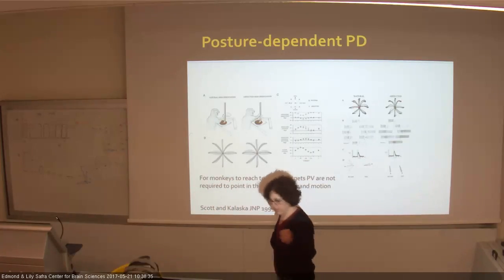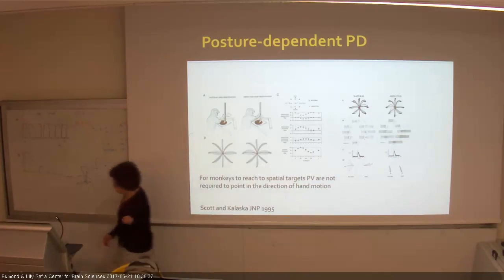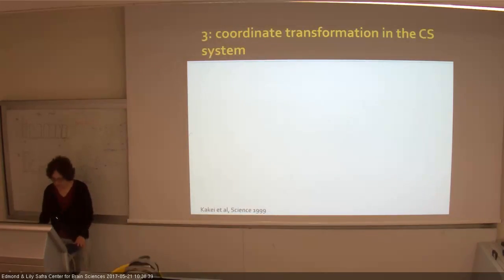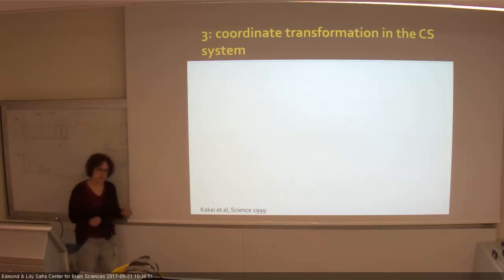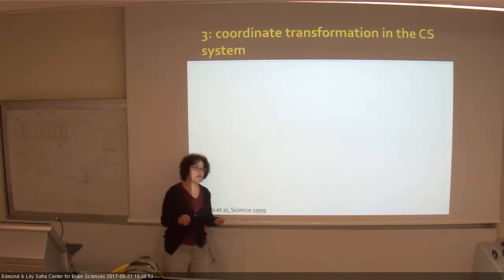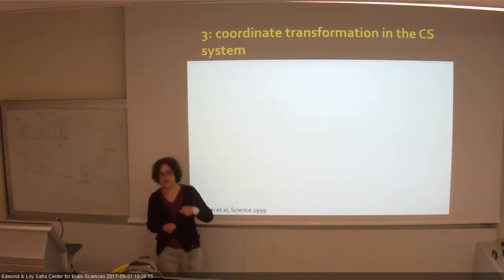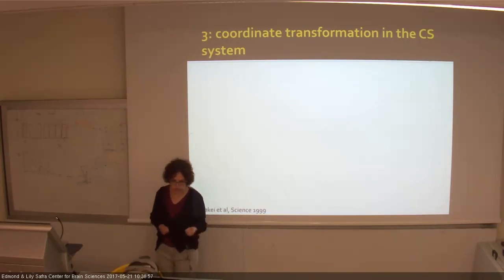Exactly. This is exactly a point that was suggested, and so in the remaining minutes that I have, I will show you an experiment that directly tried to answer this and how coordinate transformation takes place in the motor cortex.